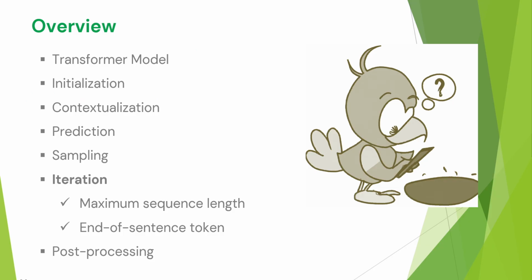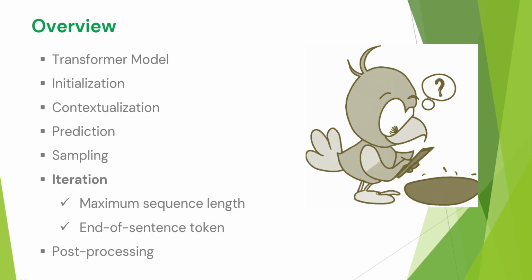Then, the model predicts the next word in the sequence by computing a probability distribution over the entire vocabulary. This distribution is based on the contextualized representation and the model's understanding of language patterns, grammar, and semantics. Then the model samples a word from the predicted probability distribution, and this can be done using various sampling strategies.